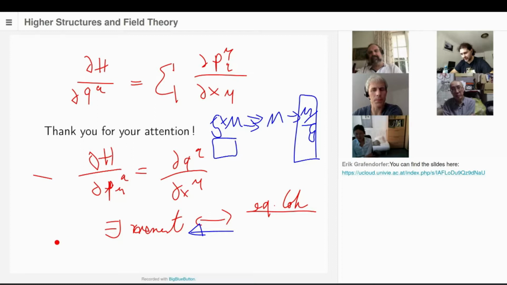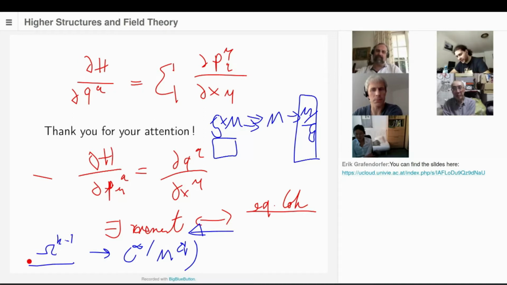You get an L-infinity morphism basically by integration from the Hamiltonian k-1 forms to the functions on the mapping space, and also moments. So a homotopy moment here transgresses to a moment here.